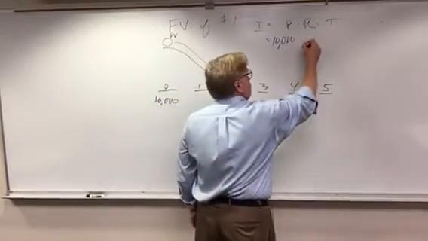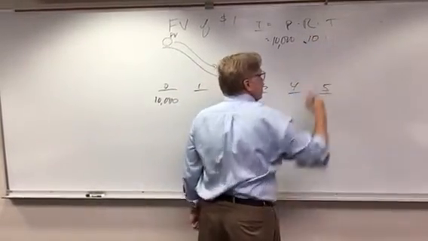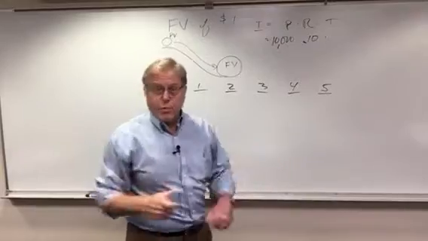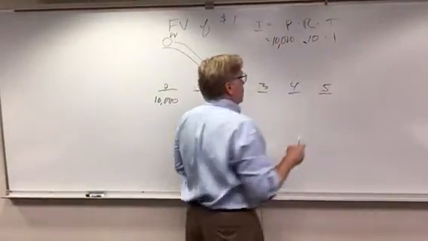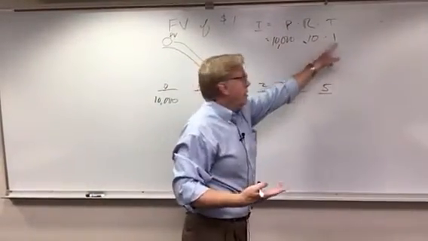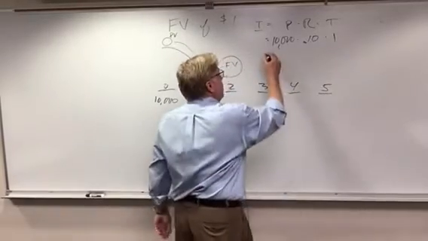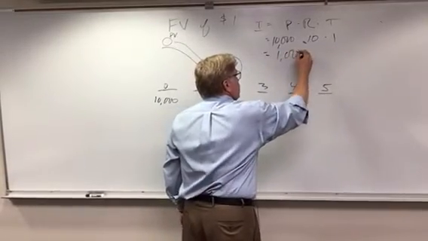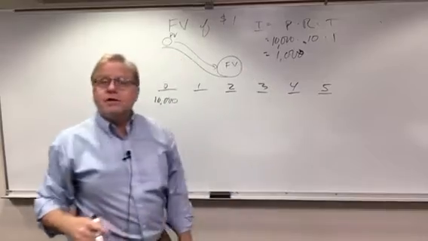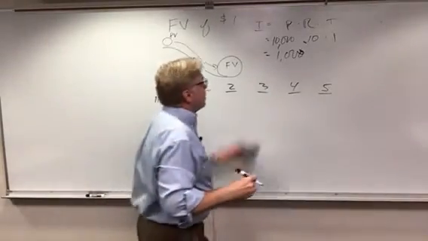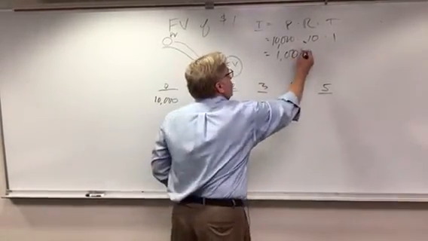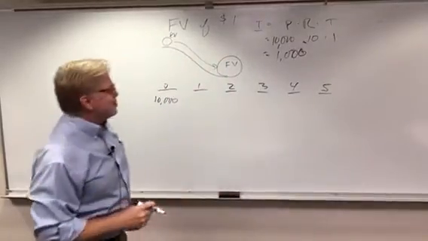The interest rate, or rate of return, is 10%. And since we're calculating interest for one full year, then T here is 1. That 10% is annual, and so this is the number of years. And that means that interest earned, 10% of $10,000, is $1,000.